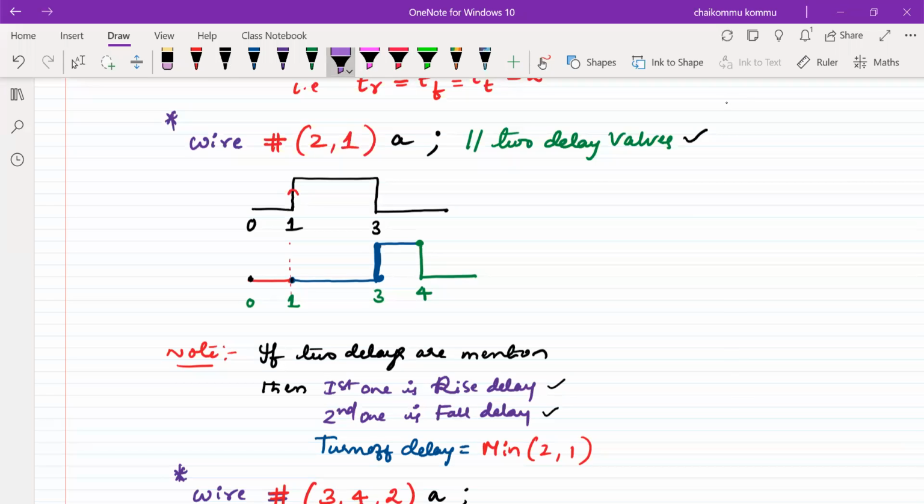How much delay is it offering? 1 nanosecond, for example, so 1 plus 2 means 3. At 3 nanoseconds only, the signal will be available, so a 2 nanosecond delay is observed here. Again, at 3 nanoseconds we find there is a low value, so it has to wait another 1 nanosecond to go down.